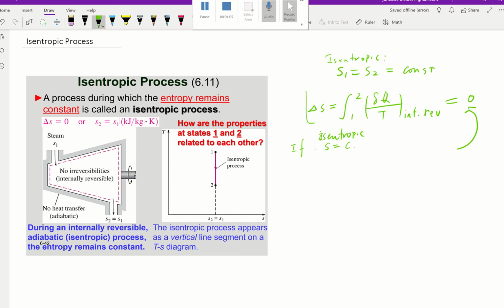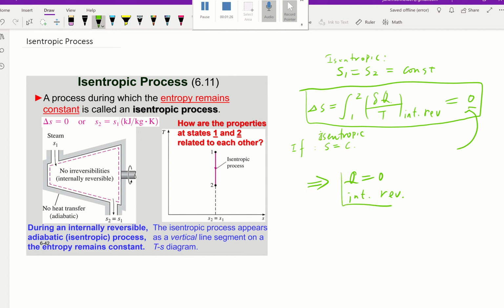Now let's look at this equation. In order to make this 0, we can conclude that Q, this heat transfer, has to be equal to 0, and it's also an internally reversible process. Okay, so this is very helpful information.